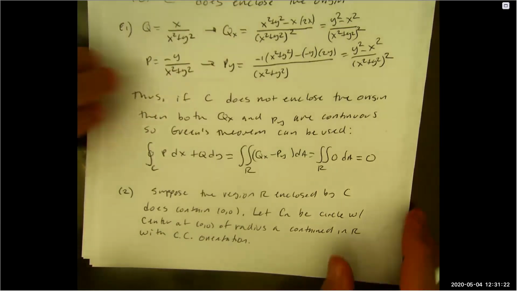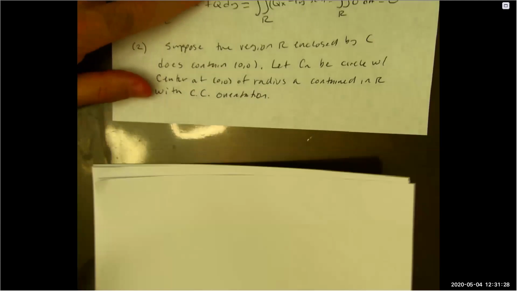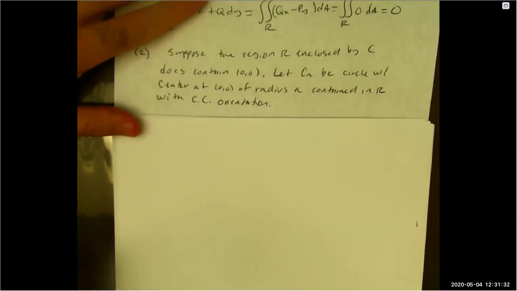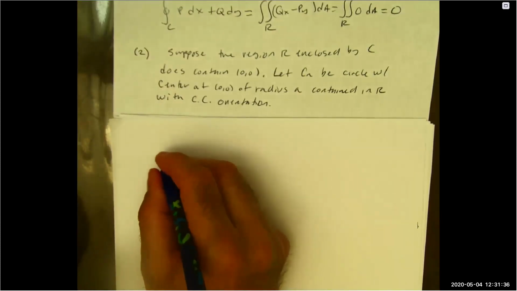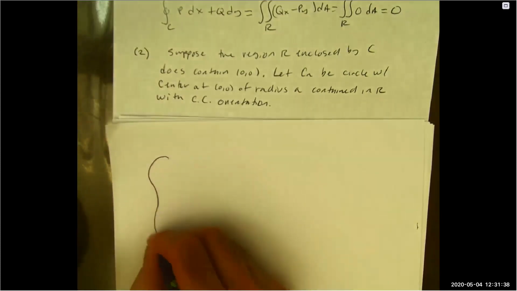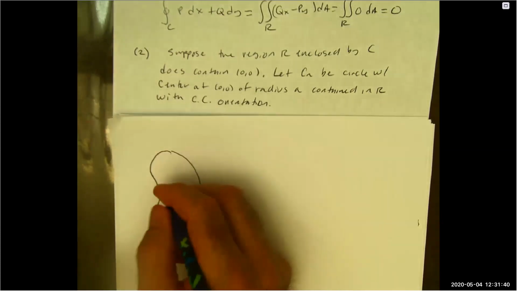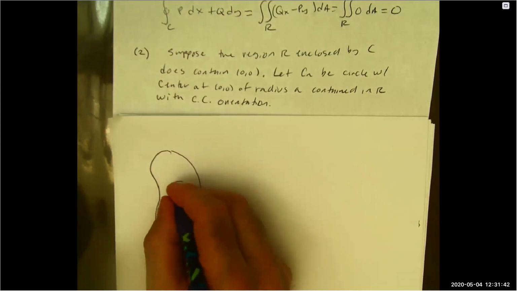All right, so let me draw a picture of what I have here. I've got a region here, and right there is 0, 0.